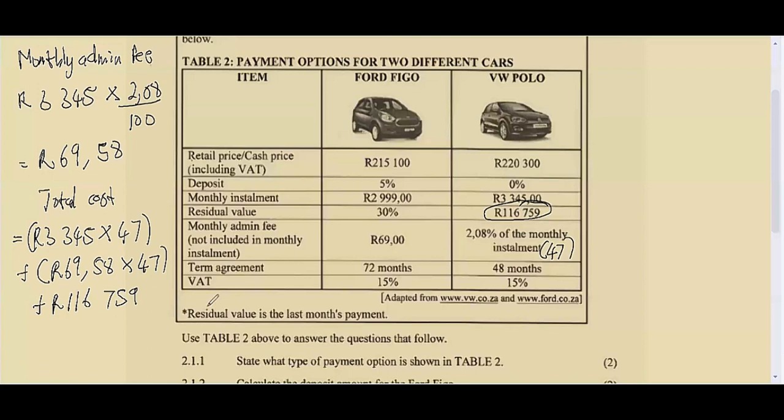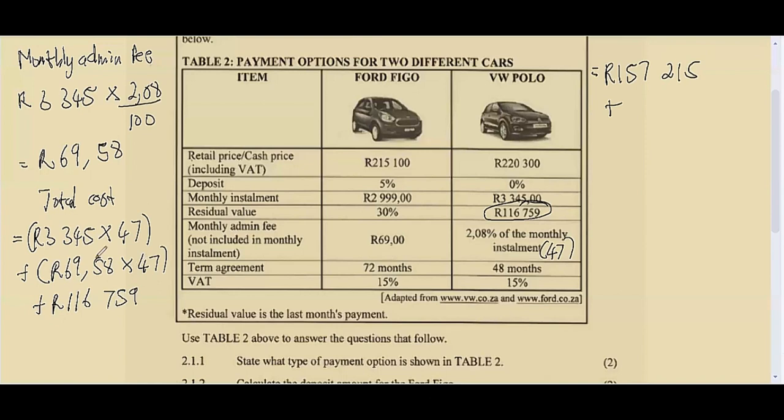Right. Then in order to calculate that, let's say 3,345 multiplied by 47. Remember, you have to do this step by step, then find the amount for this one. So when we multiply that, we get a value of 157,215.